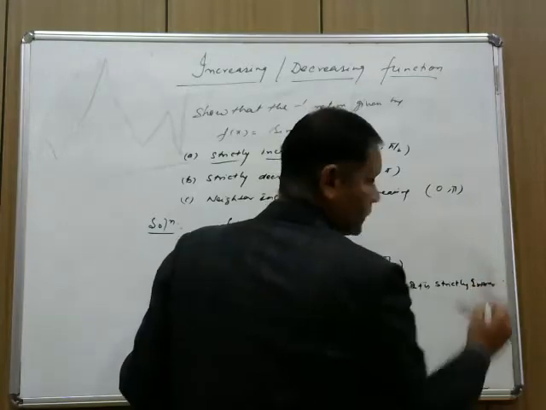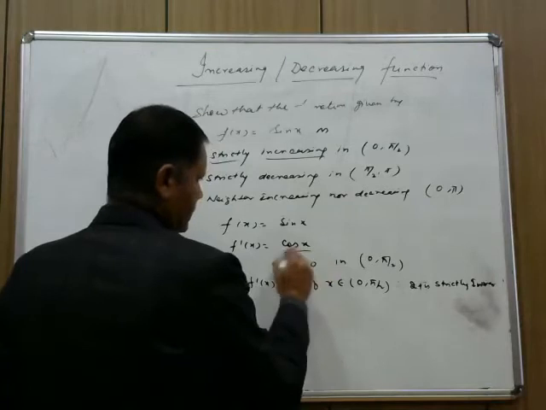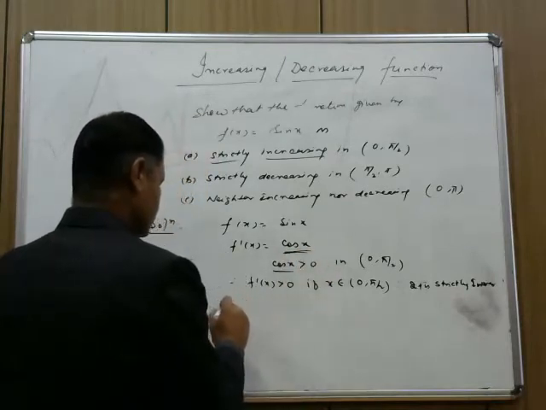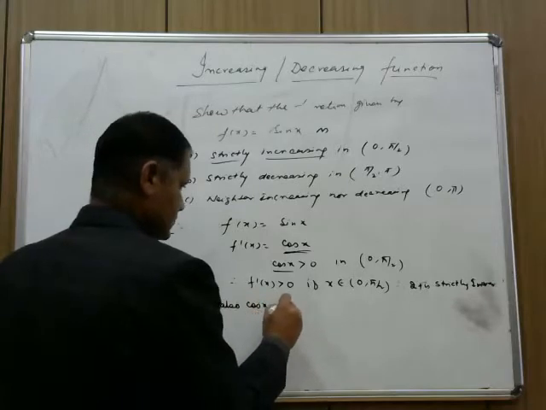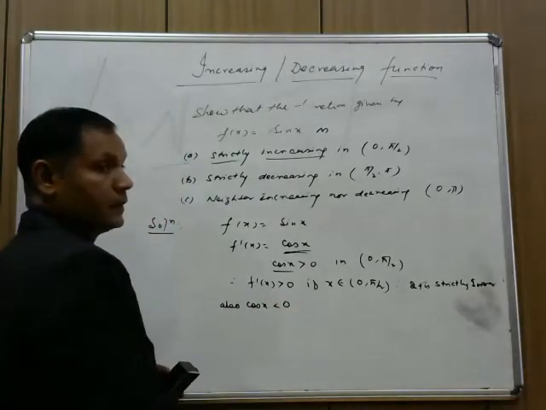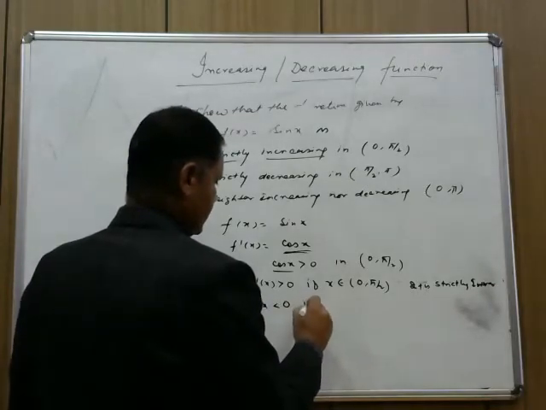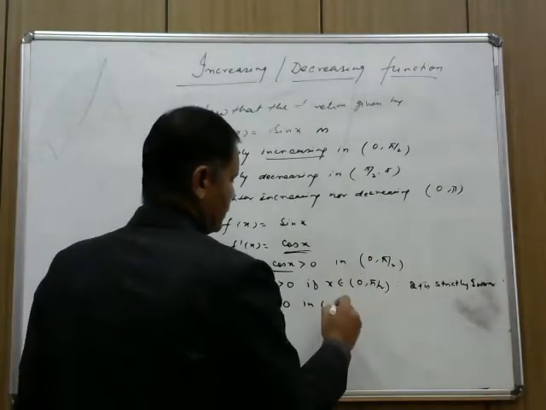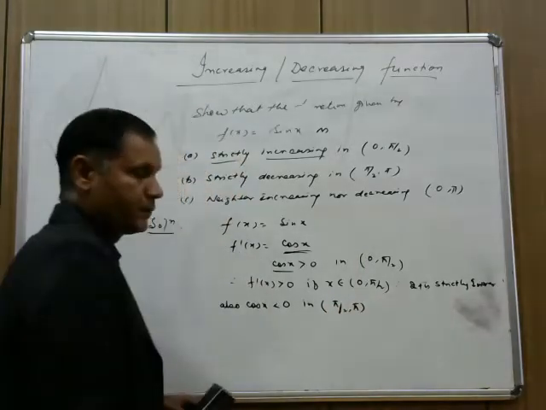Increasing, right? And cos x is also less than 0 in the second quadrant. Yes or no?